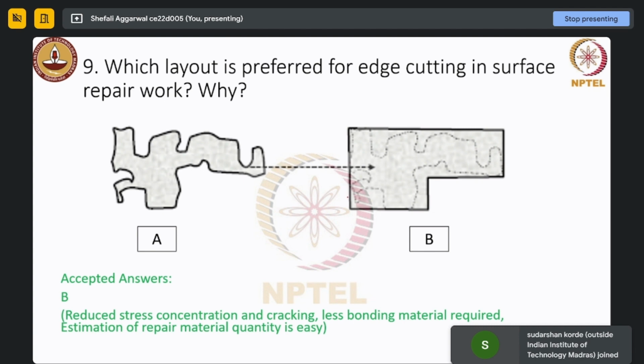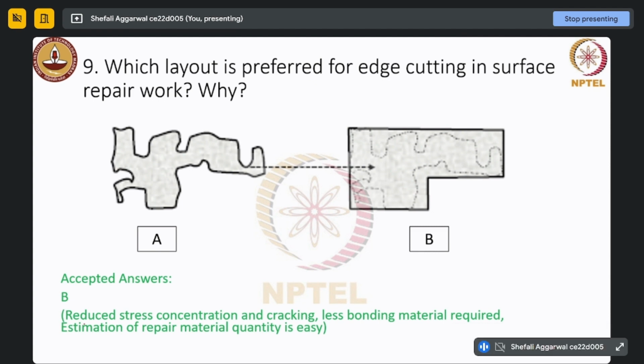So this type of surface will be more preferred. Also it will be easy to estimate the repair material quantity. We can directly calculate the area, whereas in this case it is difficult to calculate the amount of repair material you require.